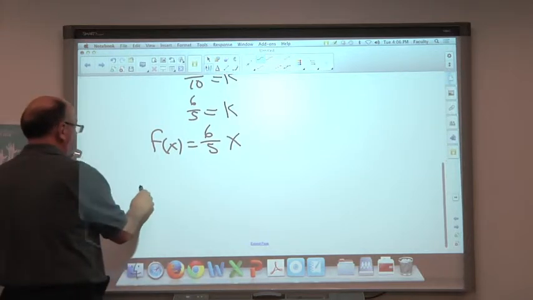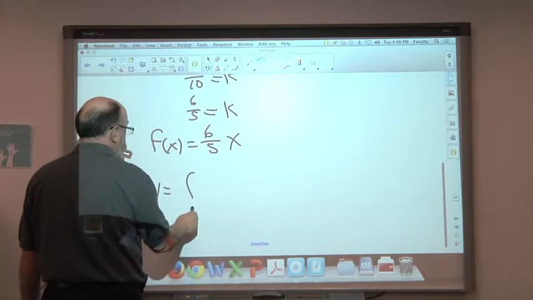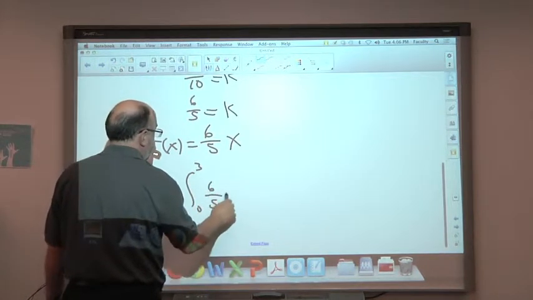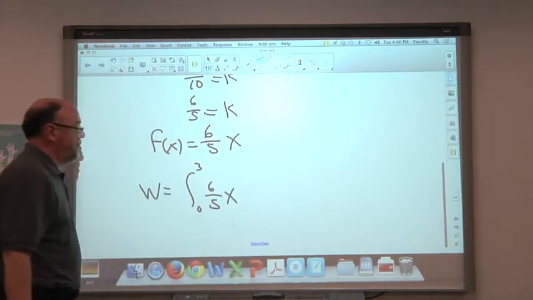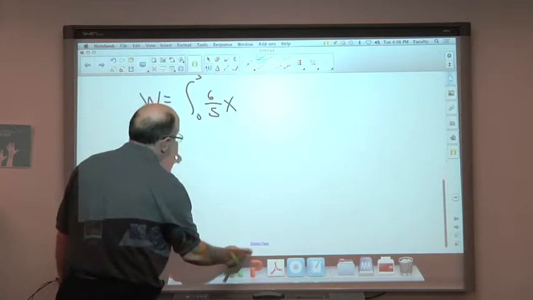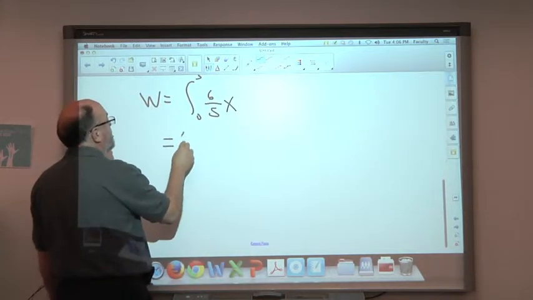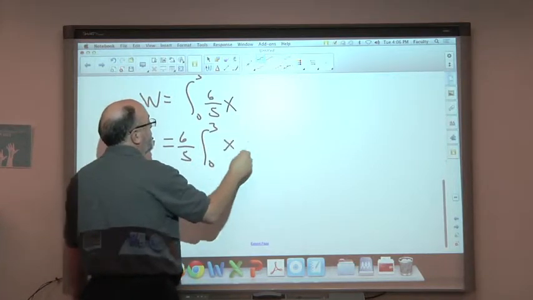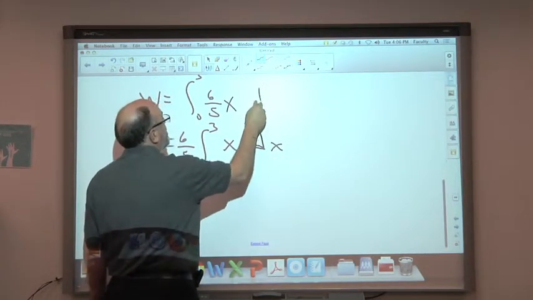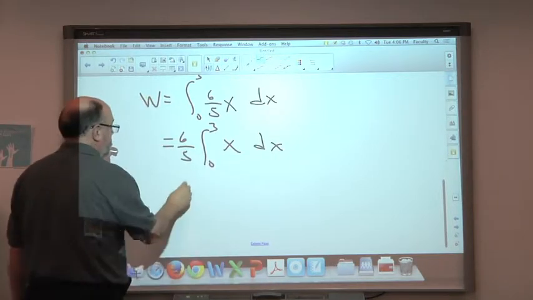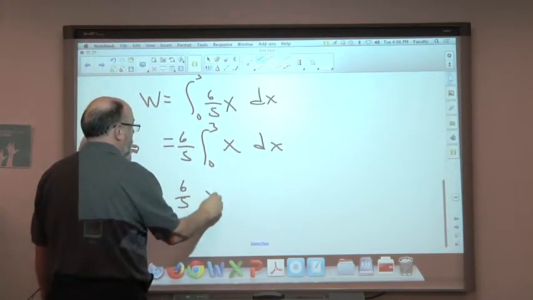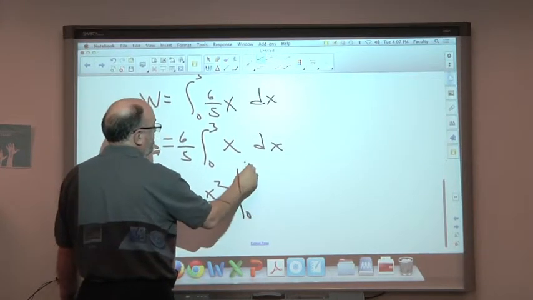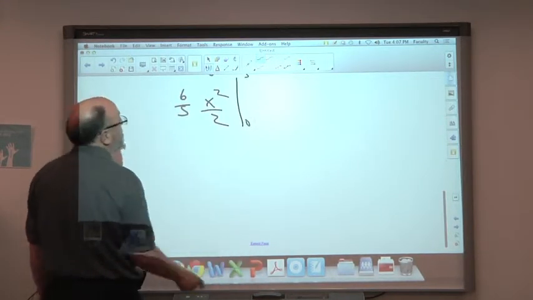And so the work done is going to equal the integral from 0 to 3 of 6/5 x dx. That is the same as integrating 6/5 times the integral from 0 to 3 of x. So this will be 6/5 of x squared over 2, evaluated from 0 to 3.